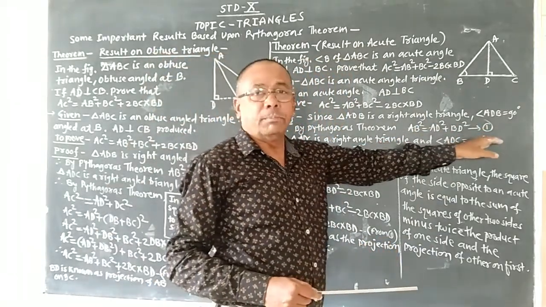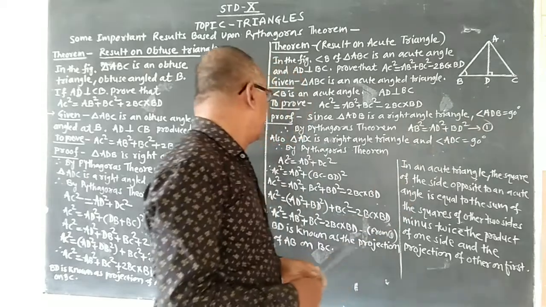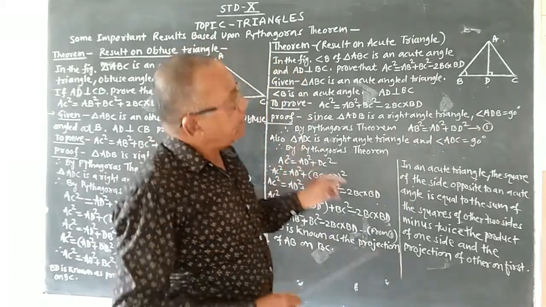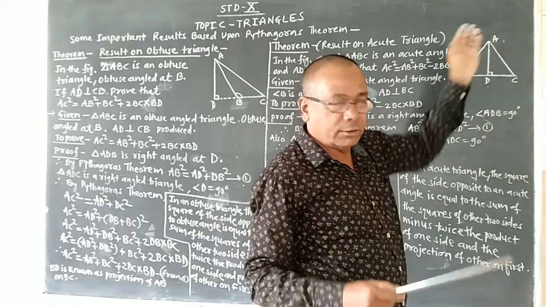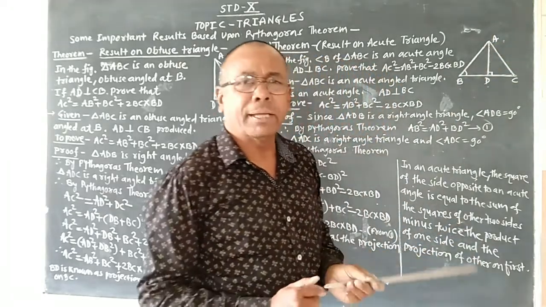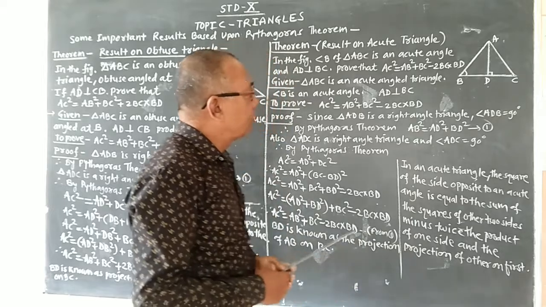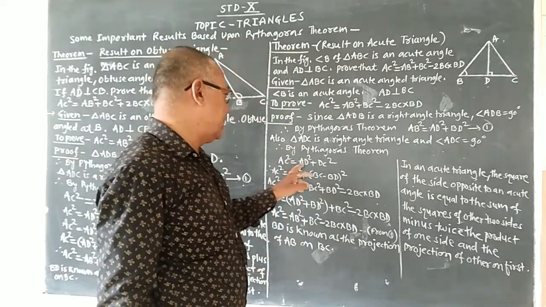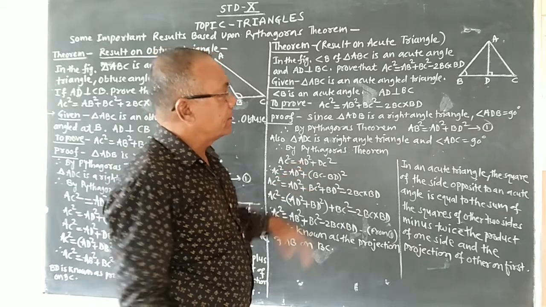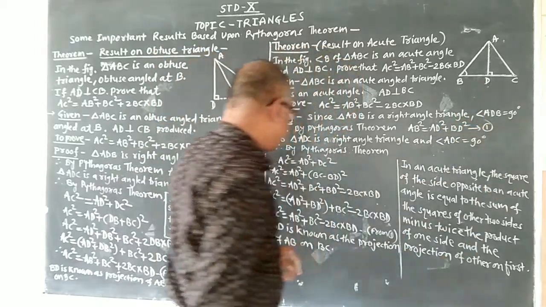So that is equation number 1. Also, triangle ABC is also a right angle triangle, so we can apply Pythagoras theorem here, and therefore AC square is equal to AD square plus DC square.